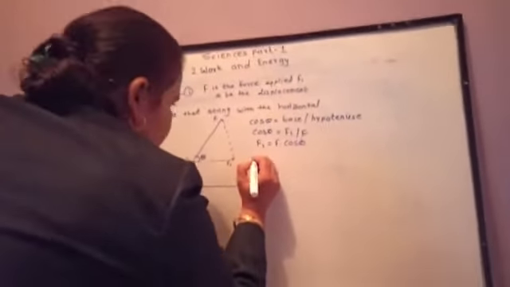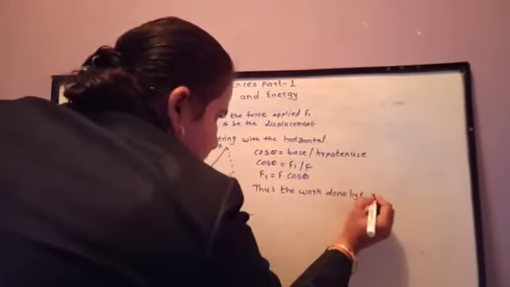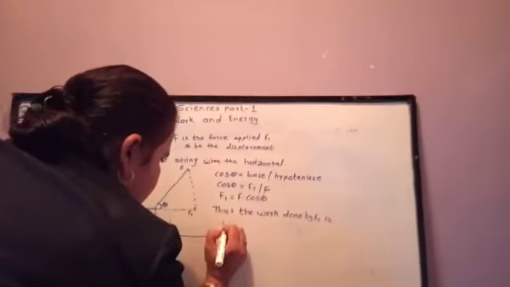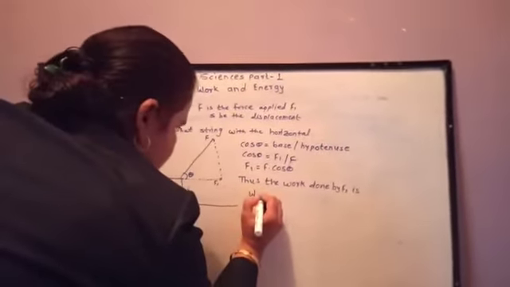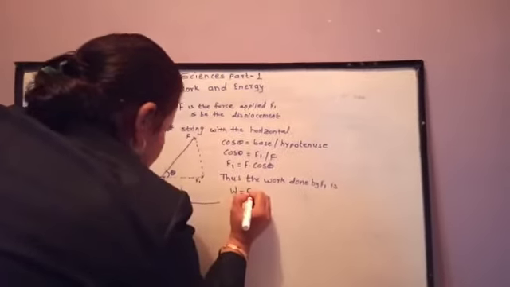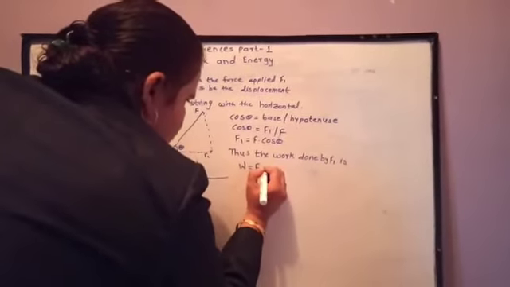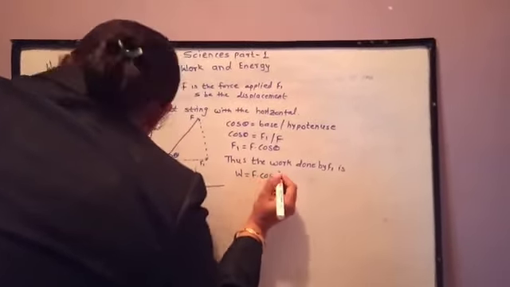Thus, the work done by force F1 is W equals F cos theta into displacement.